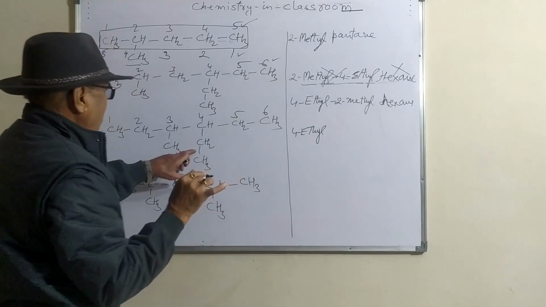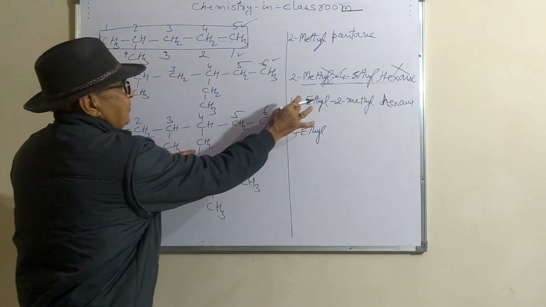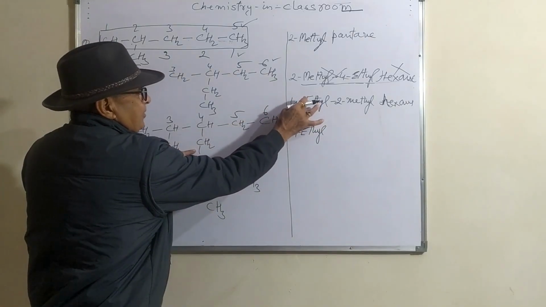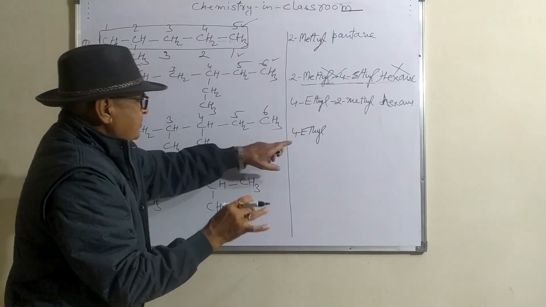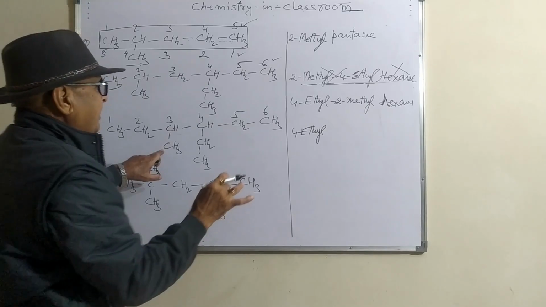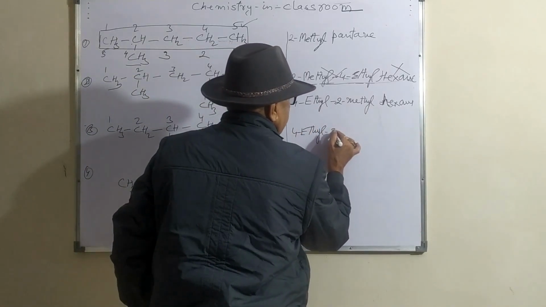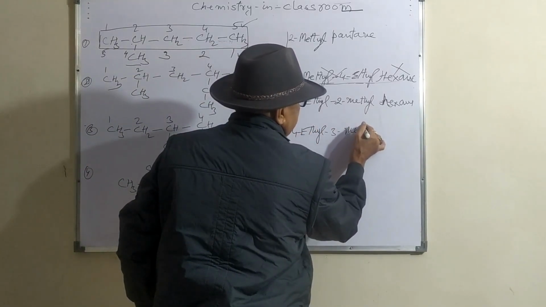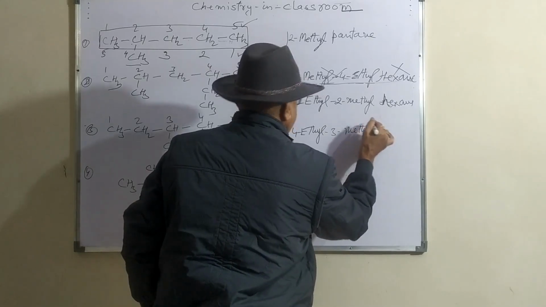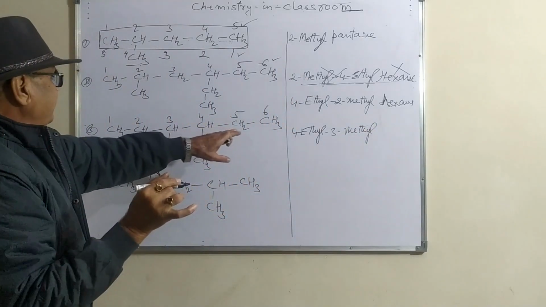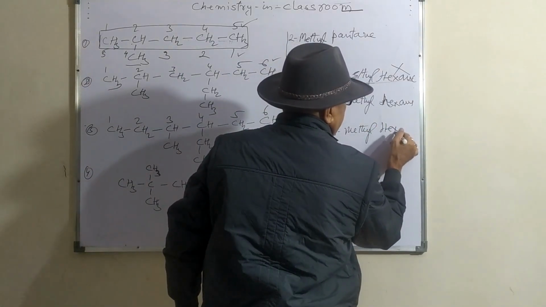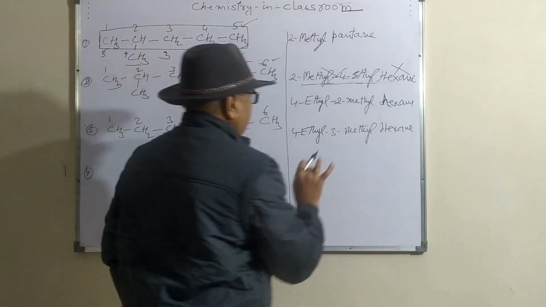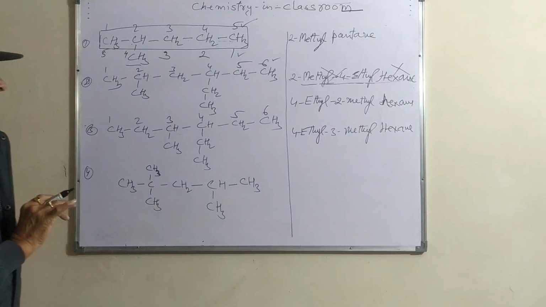As you know that E comes first in alphabetical order, you write ethyl first, then 3-methyl, and the name of the compound will be hexane. So the name is 4-ethyl 3-methylhexane.